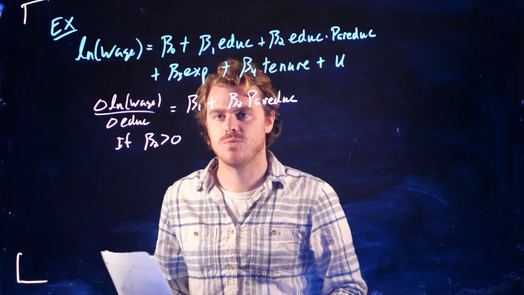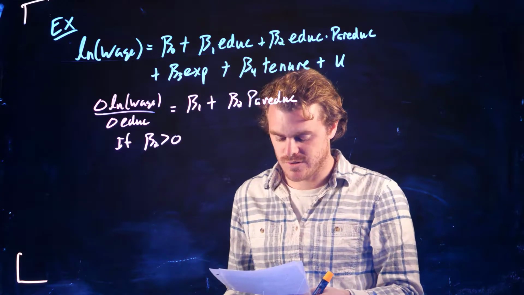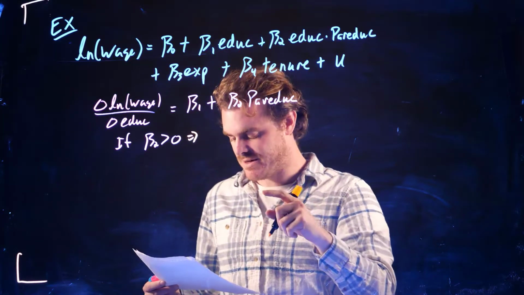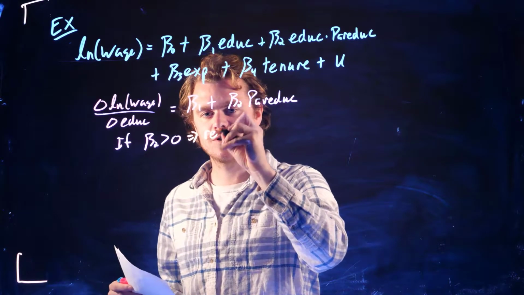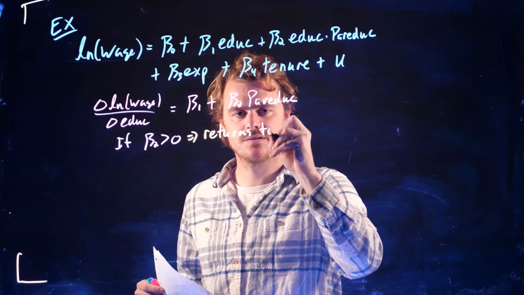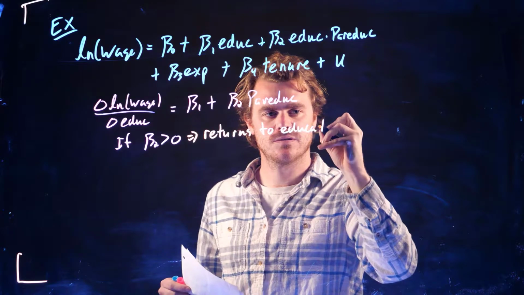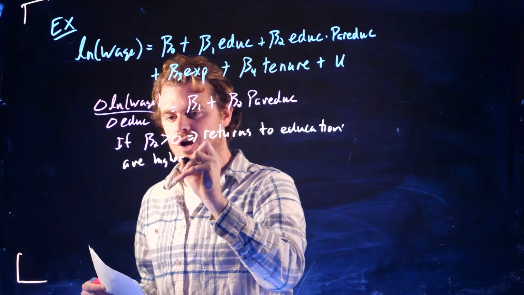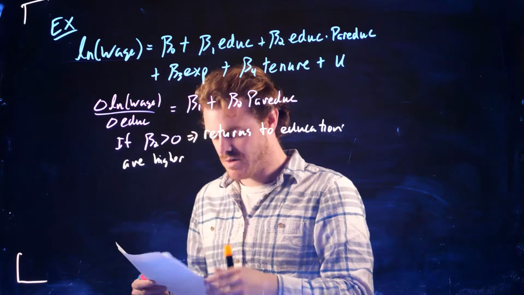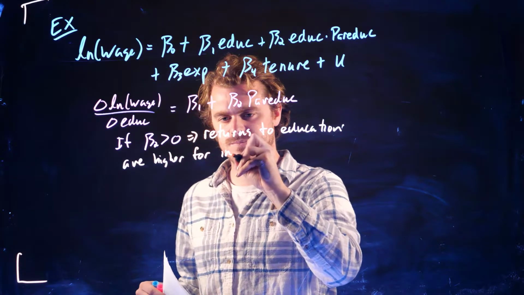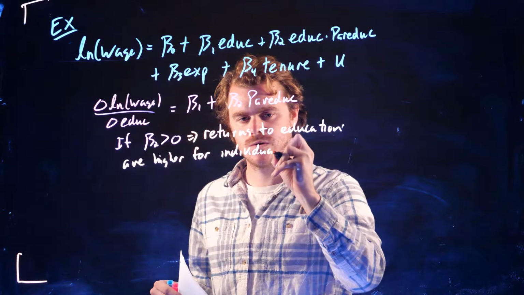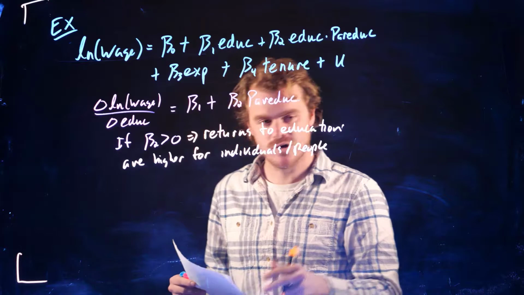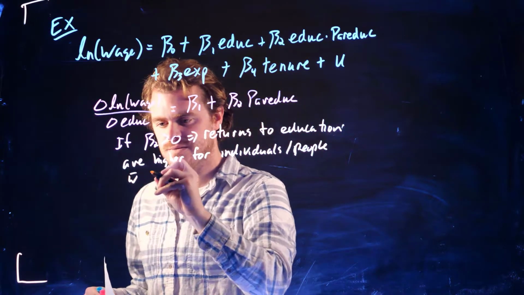Orange is a color we haven't used yet, so let's do it in orange. If beta 2 is greater than 0, that means returns to education are higher or larger for individuals, or people, with more educated parents.